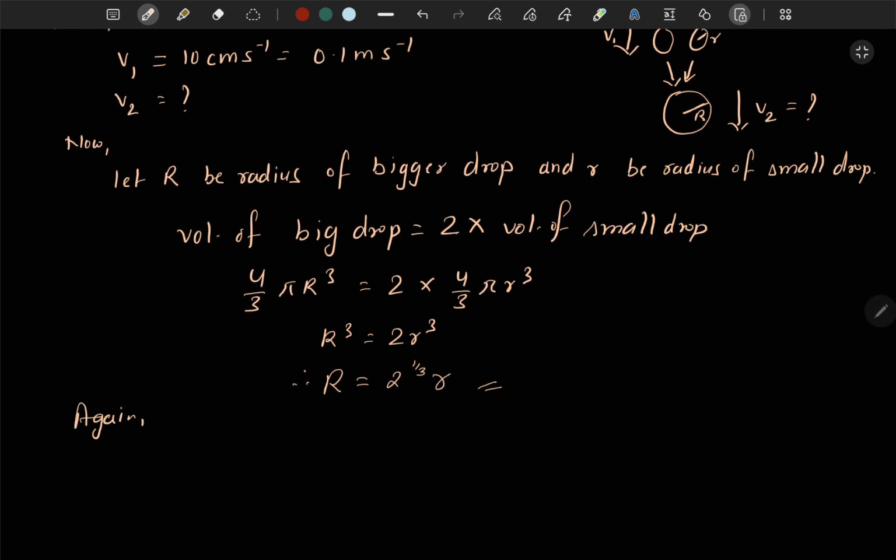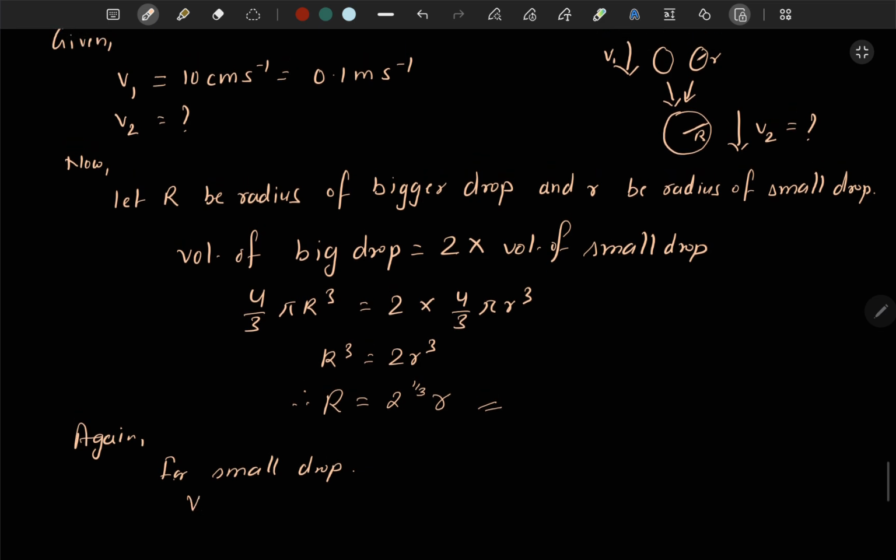For a small drop, terminal velocity is v1 equal to 2 by 9 r square rho minus sigma g by eta, viscosity.